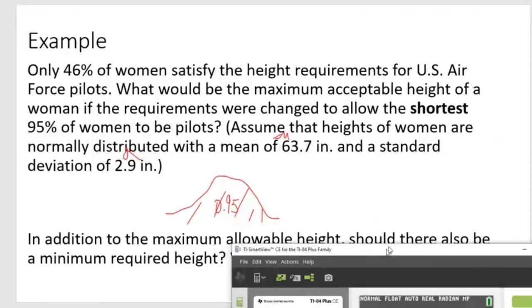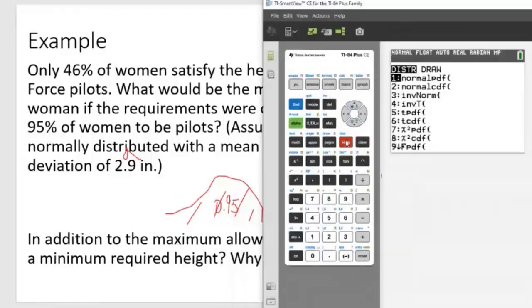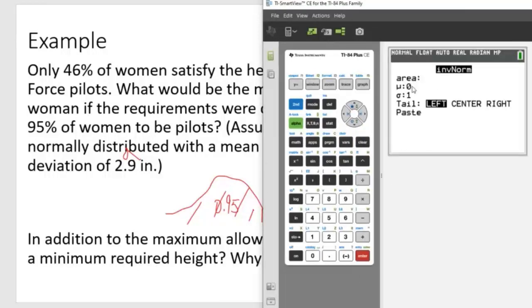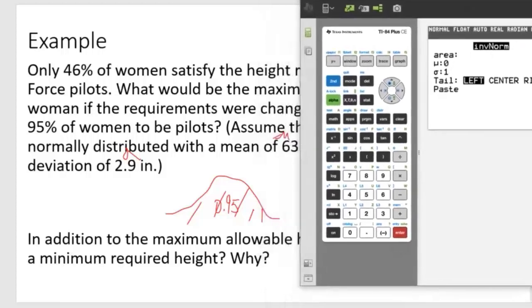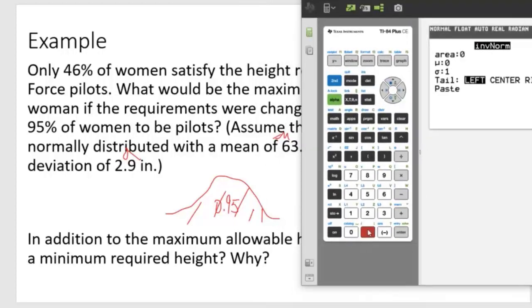If the average height is 63.7, then I'm looking at heights that are not going to be too far off from that number. So second vars, this time, since I'm trying to find a value, I do the inverse norm. Now, if I leave this at 0 and 1, it's going to find me a z-score. But if I adjust that 0 and 1, I will just get an original value. So what I know is I'm going to put in 0.95 for my area.